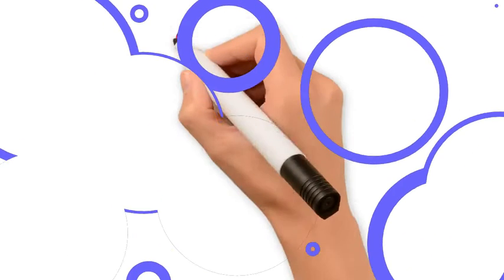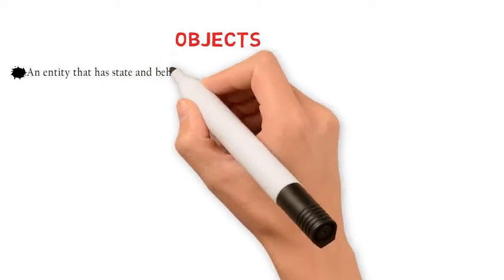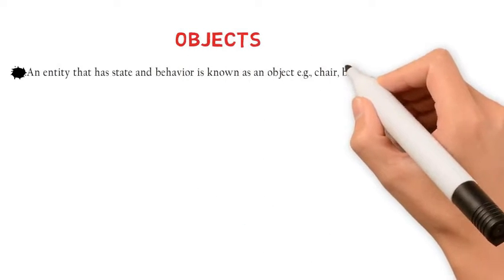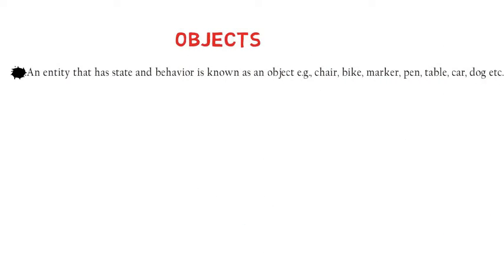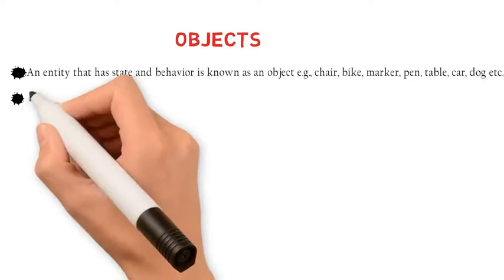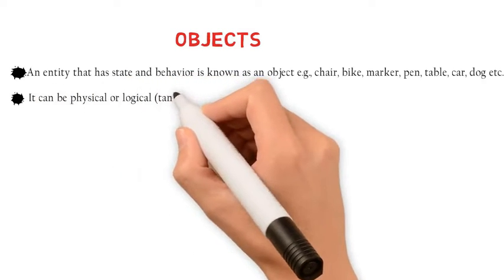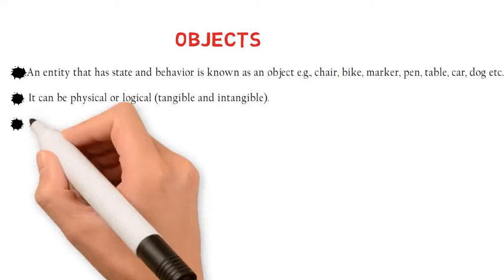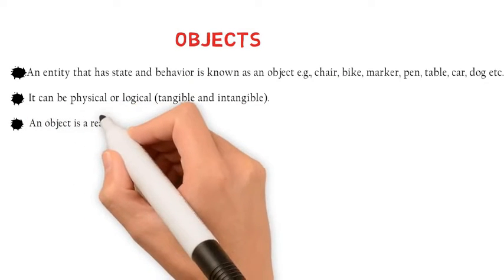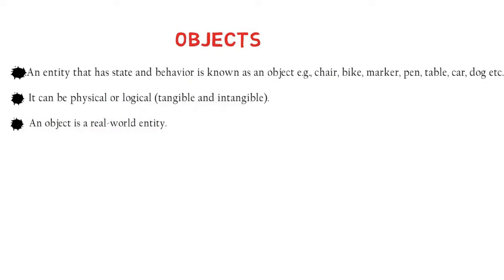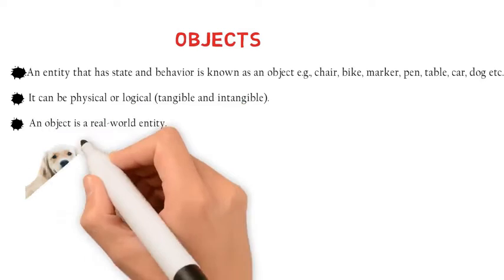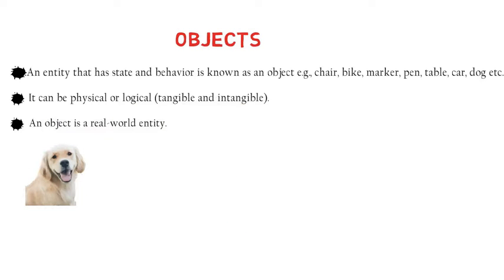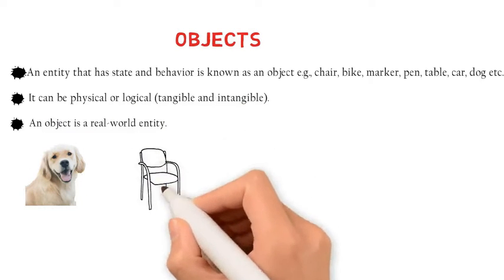Next we will see what are objects. An object is an entity that has state and behavior. Examples are chair, bike, marker, pen, table, etc. Any real world entity is an object. If persons are in the real world, we can say that they are objects.